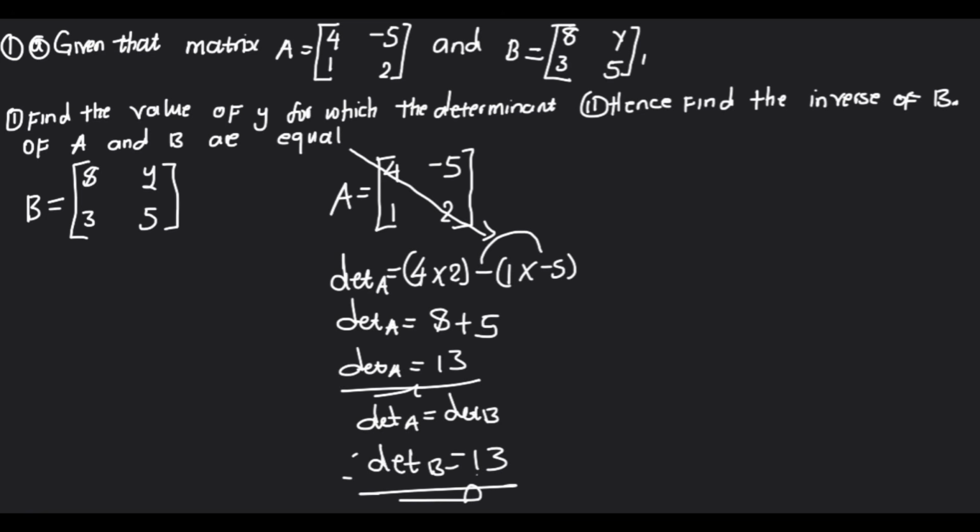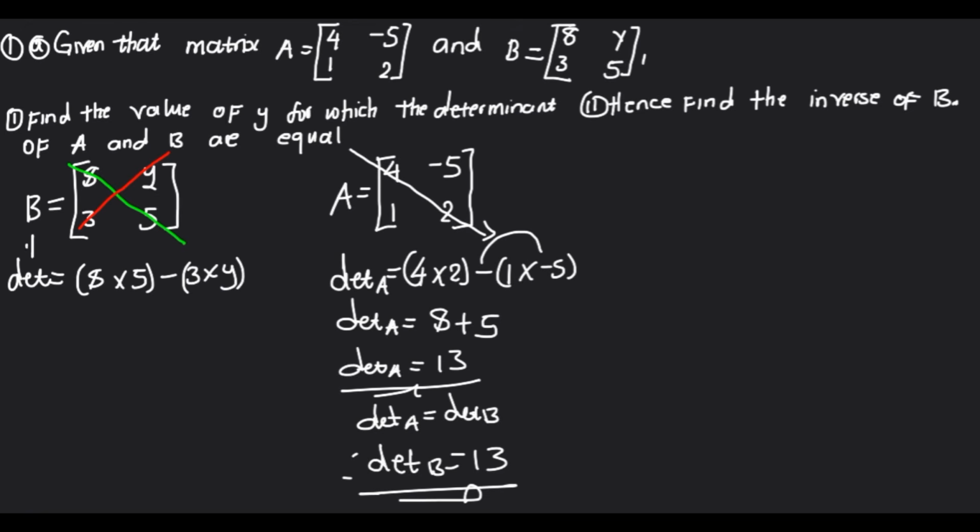Now, since we have the determinant for matrix B, we can proceed by finding the value of Y. So we'll use the same principle. Determinant is equal to, here for the major diagonal we have 8 and 5, so multiply 8 times 5 minus, then for the minor diagonal we have 3 and Y, so here we multiply 3 times Y.